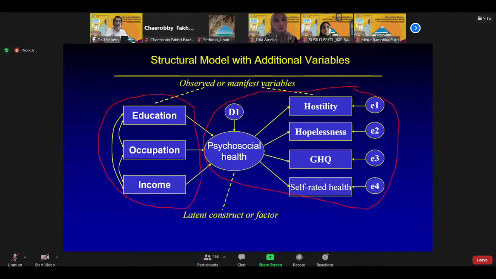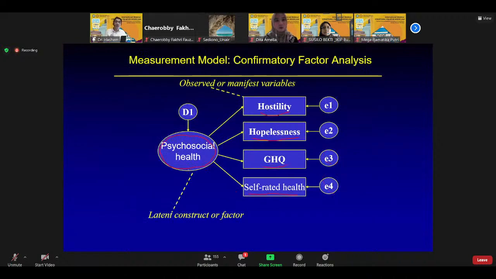We also have additional variables, right? So this is so clear. There's also an error term, right? And then we have some variables like education, occupation, and income. So you can see the differences between the measurement model and the structural model.